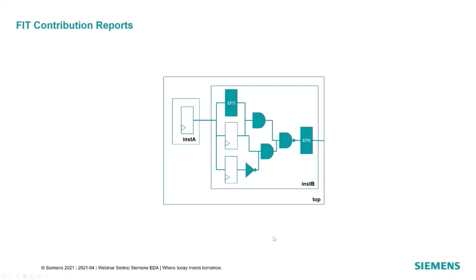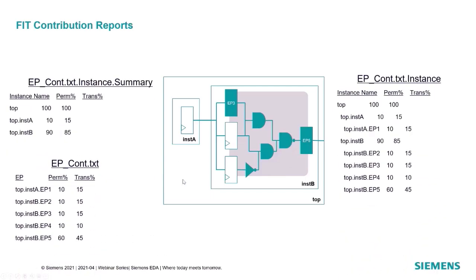So the analysis technology and the algorithms that we use analyze the design and tell us which portion of the design is actually giving you a higher fit rate. We have information available on which portion is giving you the highest contribution towards your fit.